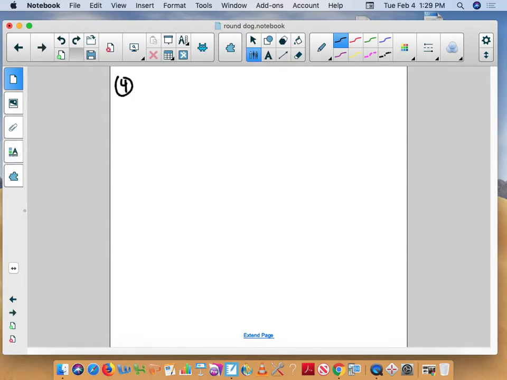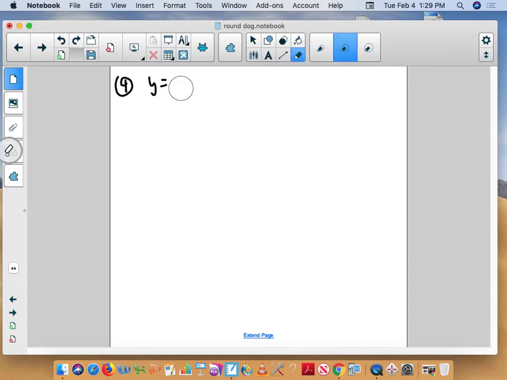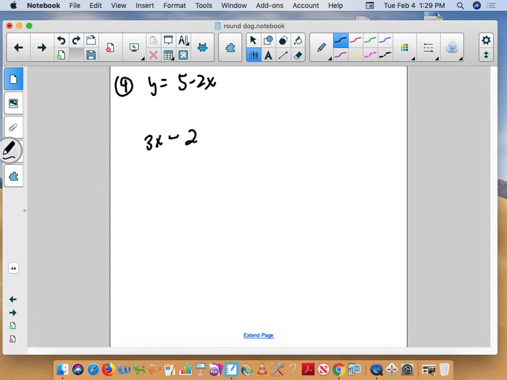Number 4. So I have y equals 5 minus 2x and 3x minus 2y equals 4. Most of you girls, I'll provide graph paper or a little graph on the test. You'll want that so you can count. Most of you are going to want y equals mx plus b form to graph.